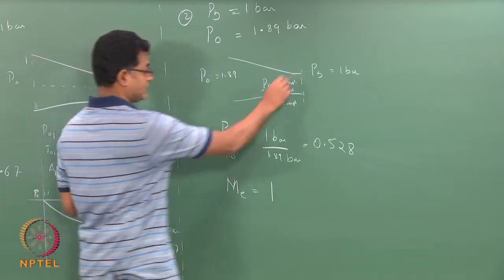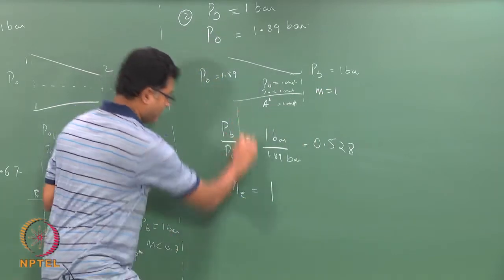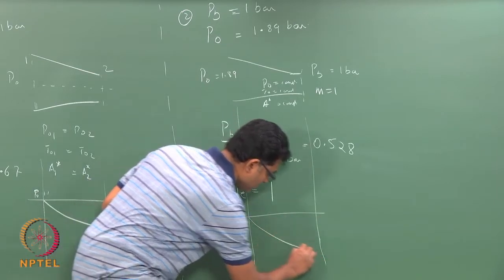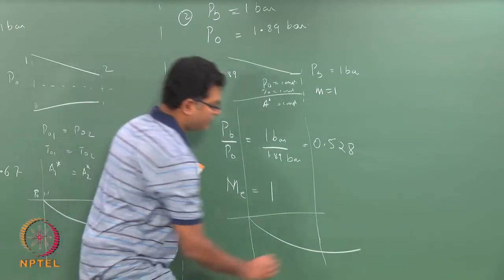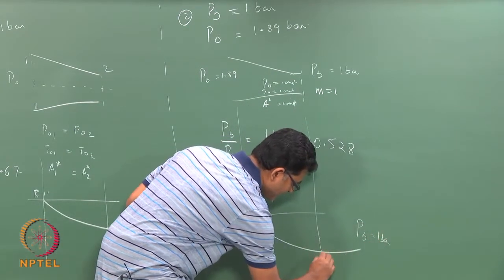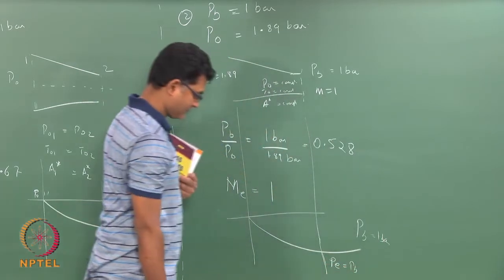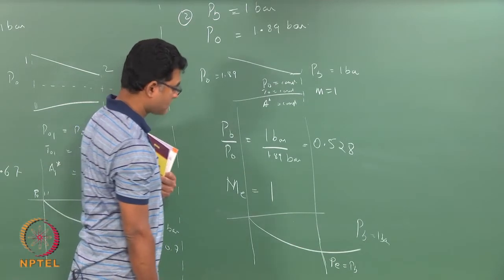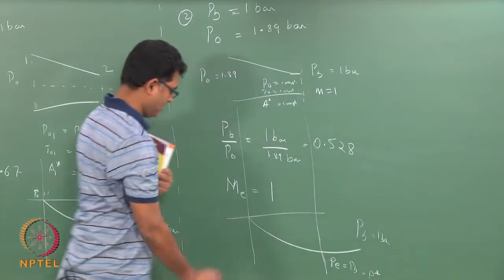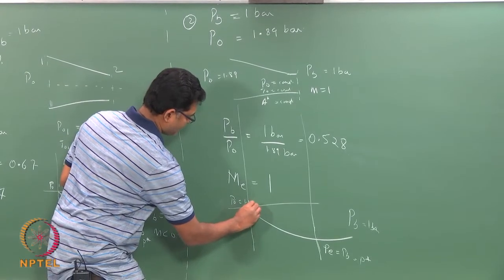So, I have a sonic condition here, M equals 1, and if I plot, PB equals 1 bar, P exit equals PB, which is also equal to your P star, and your P0 is 1.89.